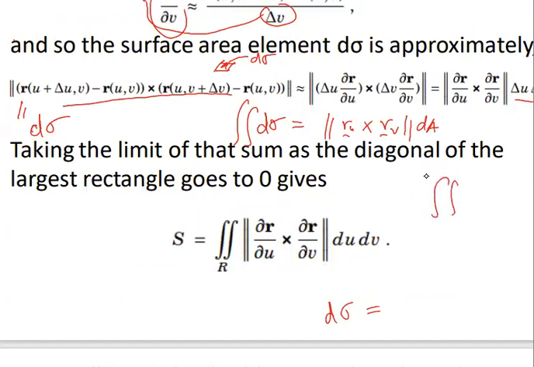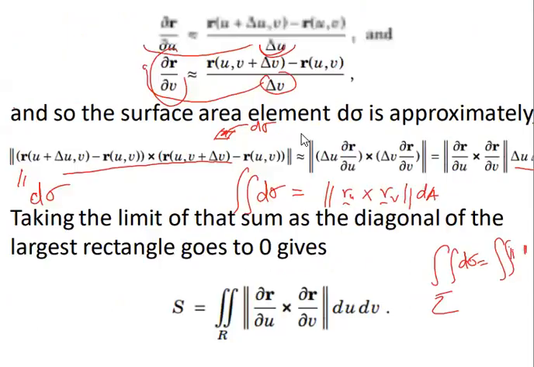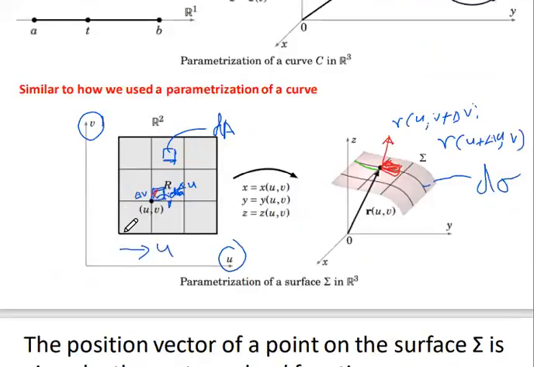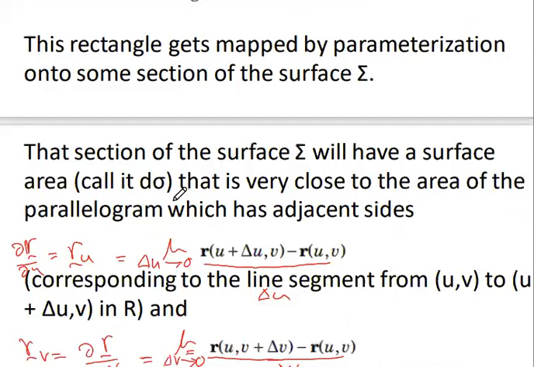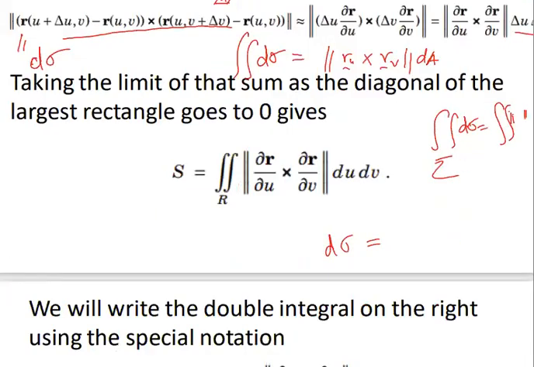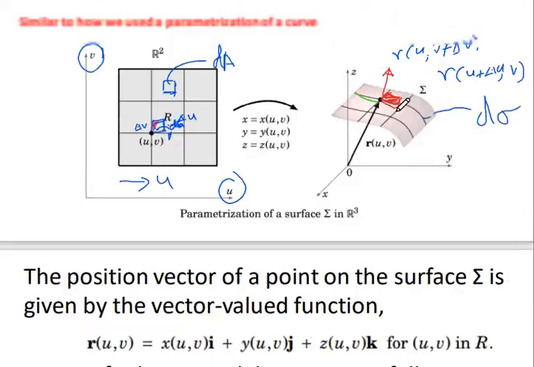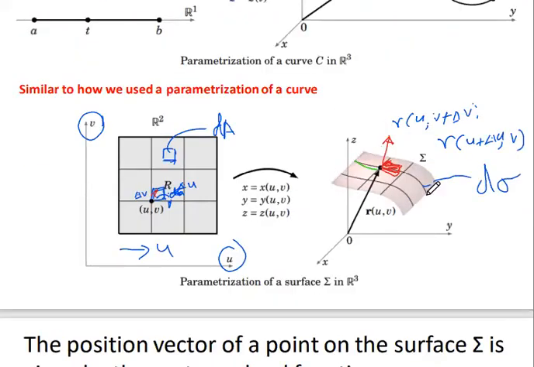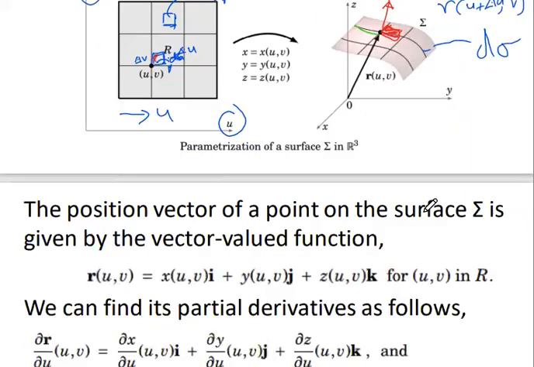The integral of d sigma over the entire sigma is equal to adding up this thing times dA throughout this region R. So let's denote the surface area of this geometry, this surface, as uppercase S. Uppercase S is the area of this sigma surface, right?